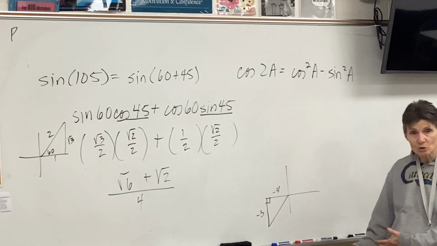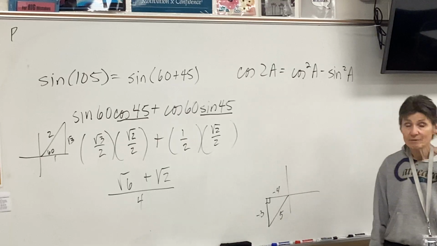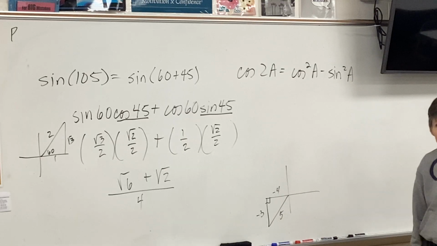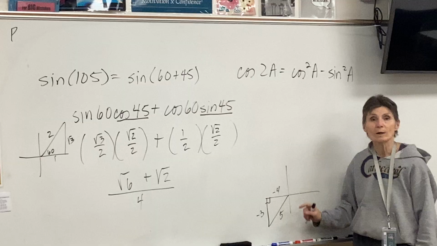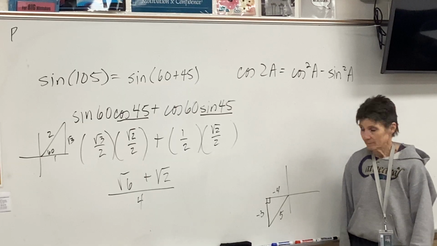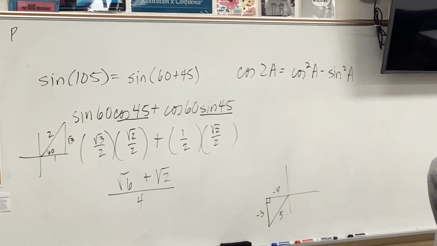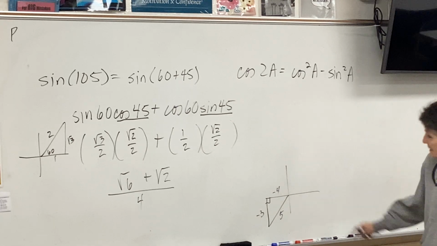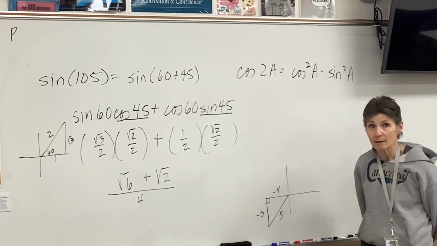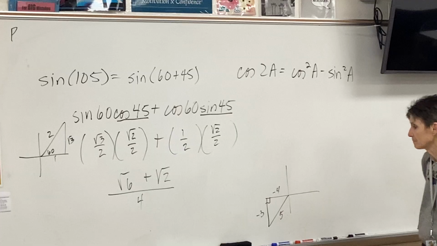I kind of know this one. If that's 3 and that's 4, the hypotenuse is 5. But if you don't know that, do the Pythagorean theorem. 3 squared plus 4 squared equals c squared. Work it out, you get 5. Remember, the hypotenuse is always positive. These sides, opposite and adjacent, can be negative, but hypotenuse will always be positive.